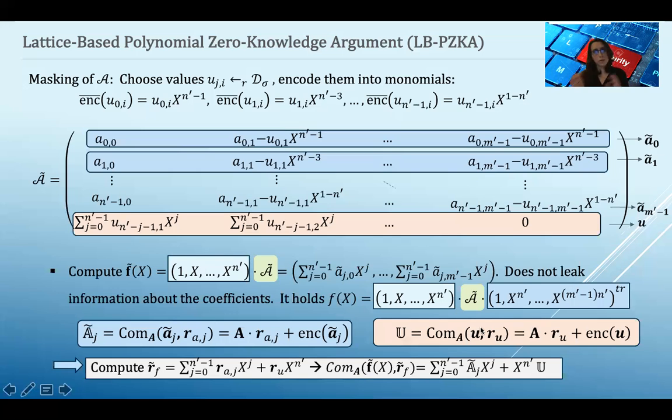Okay, since we know that the original matrix cannot be used for secure polynomial commitment, we now need to mask that coefficient matrix A. And this can be done as follows. We pick masking values u_{j,i} for the corresponding entries of the original matrix A, and then we encode them into monomials in such a way.